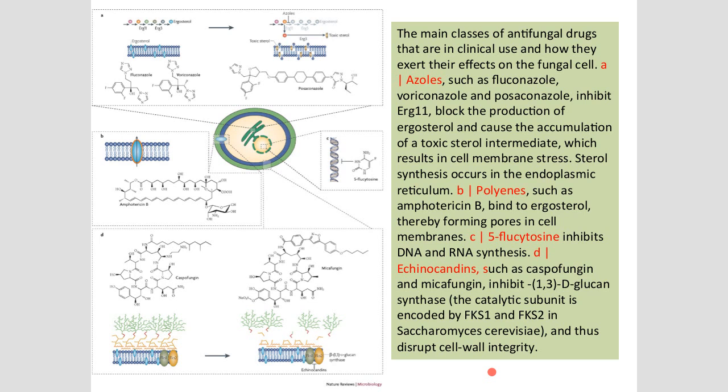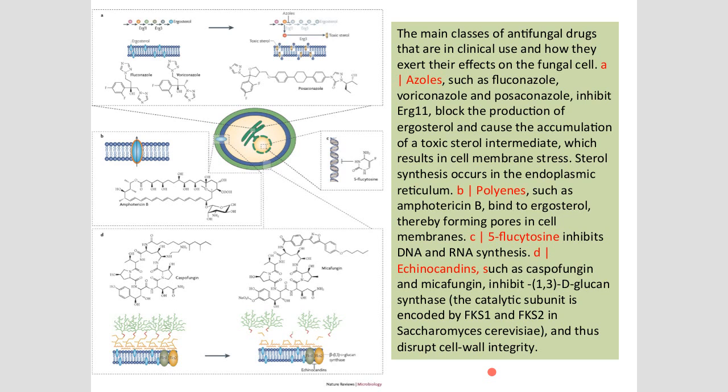Then we have echinocandins, which are caspofungin, a very important drug for you to remember. What it does is that it inhibits the catalytic subunit which is there in the cell wall. So it disrupts the cell wall integrity.